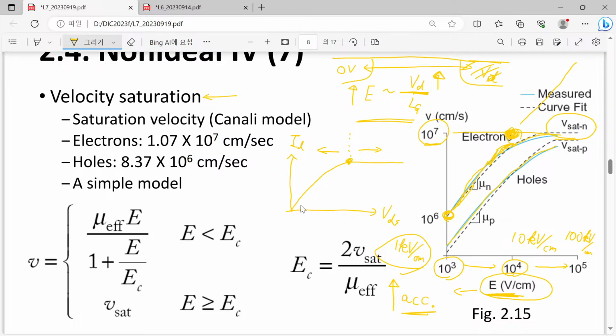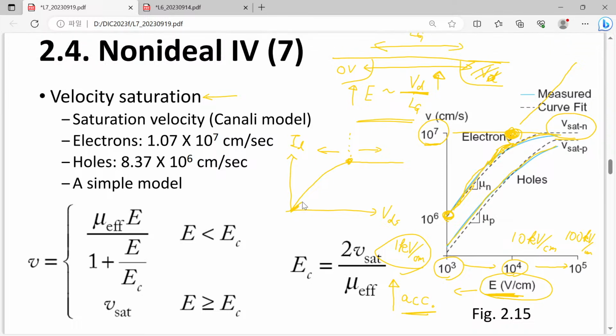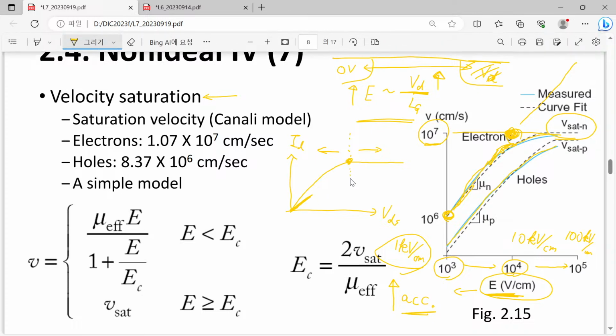But in the case of this short channel device, we start from a slightly degraded slope due to the mobility degradation in the vertical electric field. However, before reaching this point for long channel IV characteristics, what happens if our electron speed is saturated?